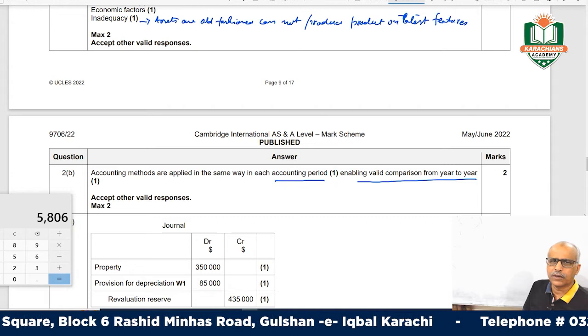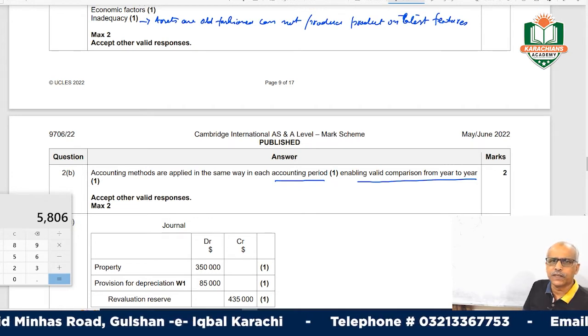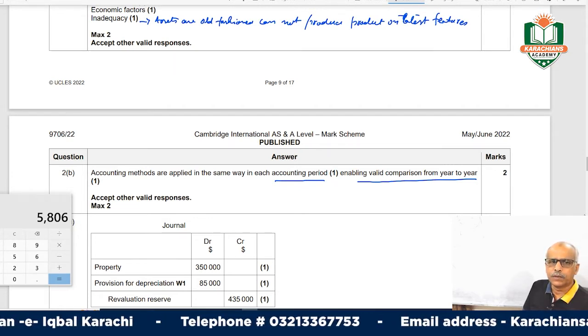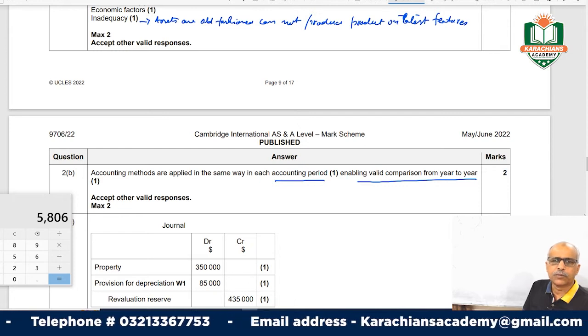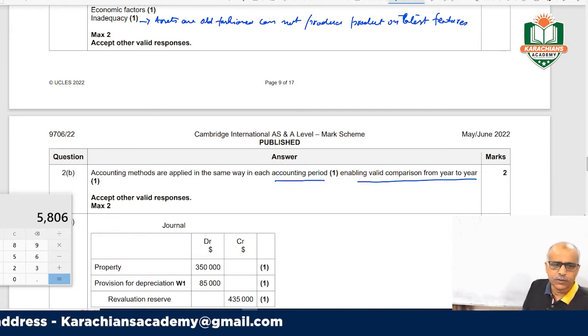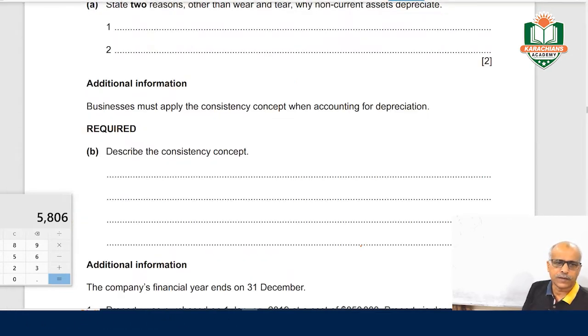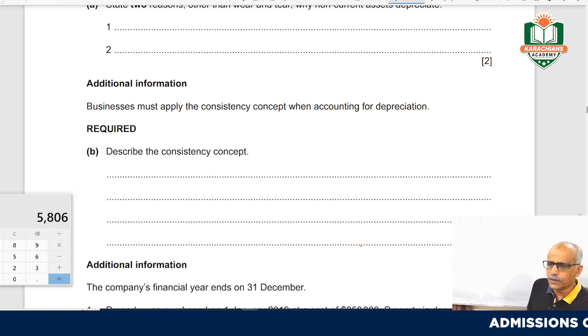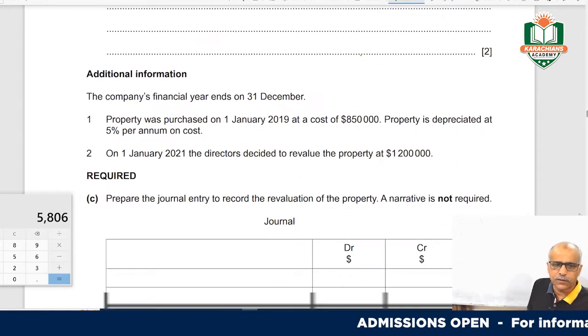So for a certain period of time you have to keep your procedures and your methods constant. So this is called the consistency concept. You can refer to your book as well for more details, right? So move on to the other part of the question.